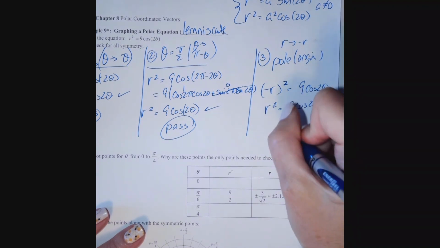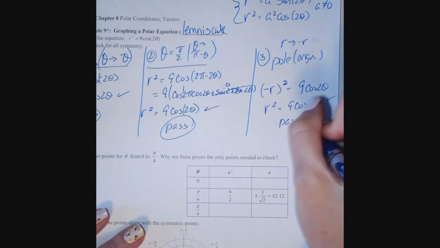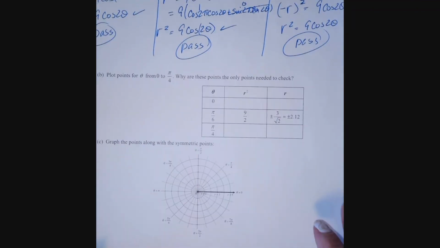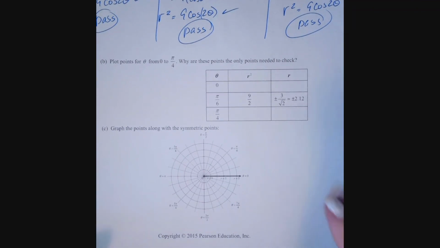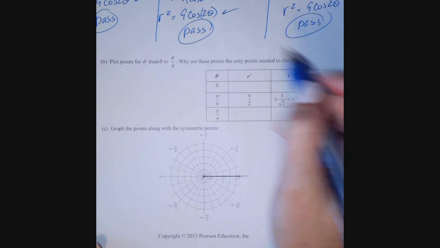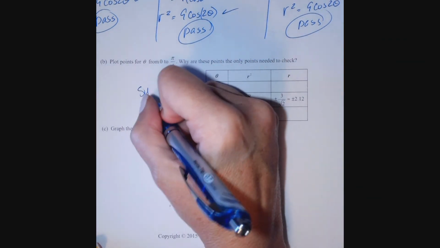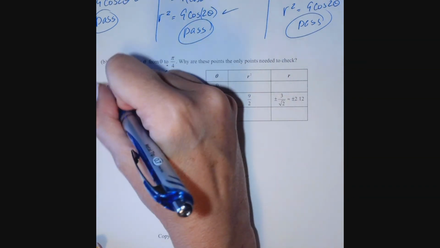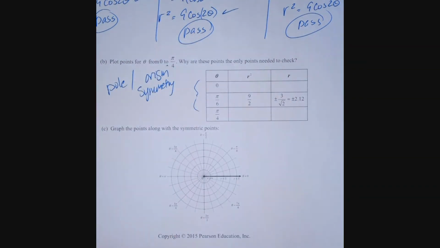We passed all 3 symmetry tests. So we've got origin symmetry, which means I only have to do quadrant 1. Why do I only do to check these points? Because I have origin or pole symmetry.